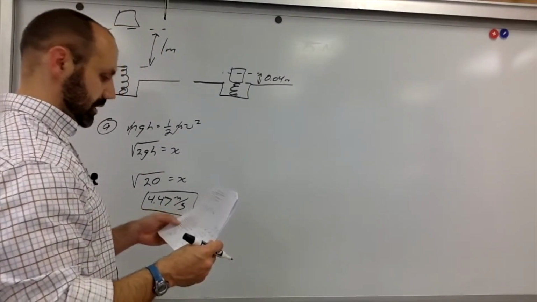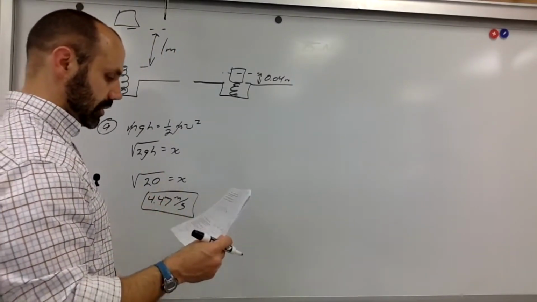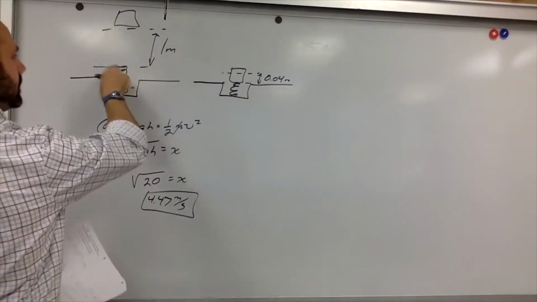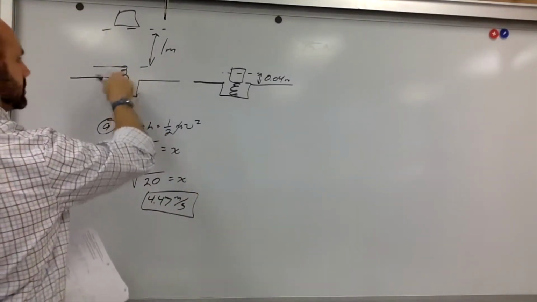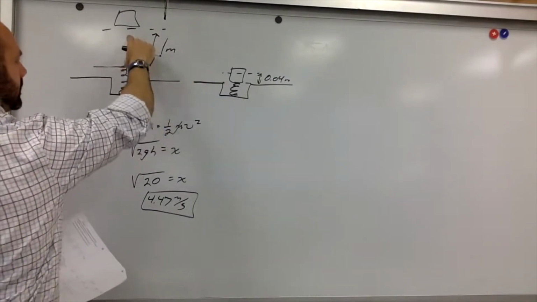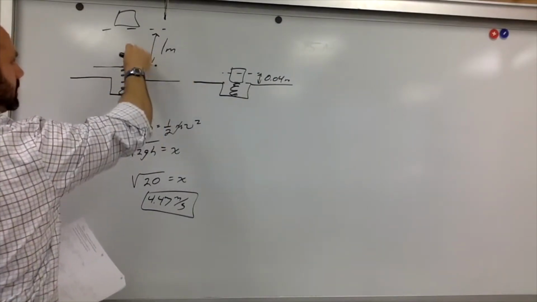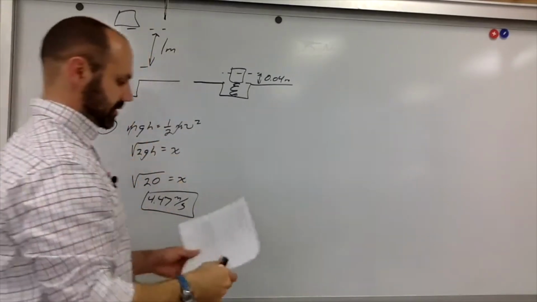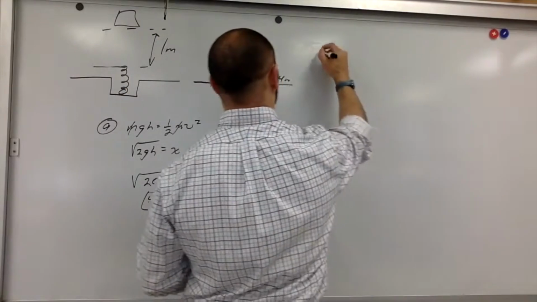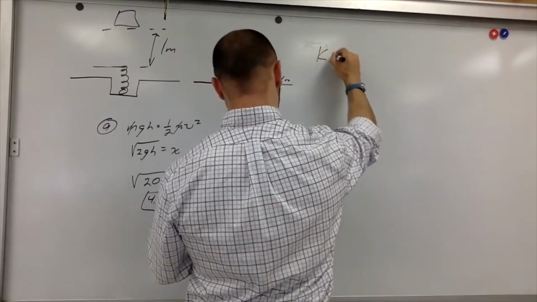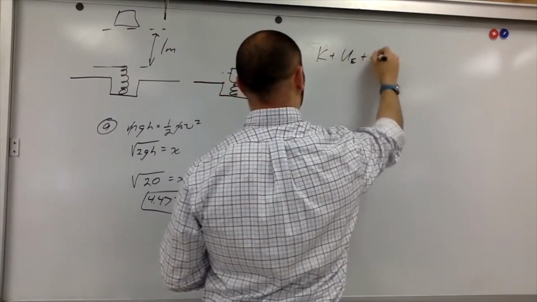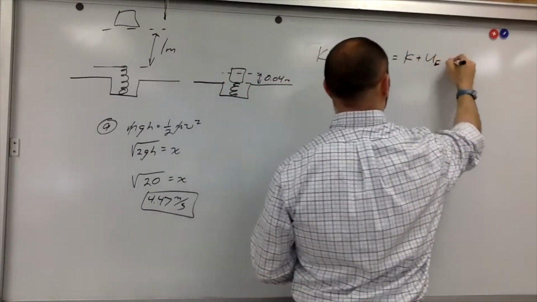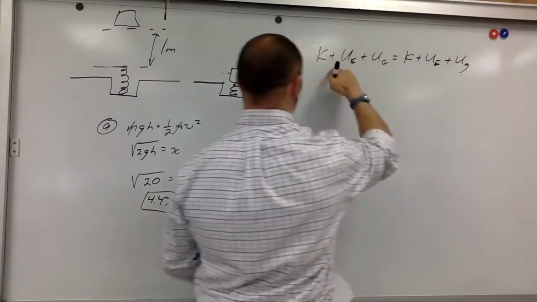Okay, and then B, now we're going to do this in terms of gap C. B, we want to know the spring constant. Okay, so what do we have at first? We're going to take it from the point where it reaches this point, kind of between these two. The point when it reaches this point, it has kinetic energy and potential energy. So if I'm looking at gap C, then I've got K plus UE plus UG equals K plus UE plus UG.